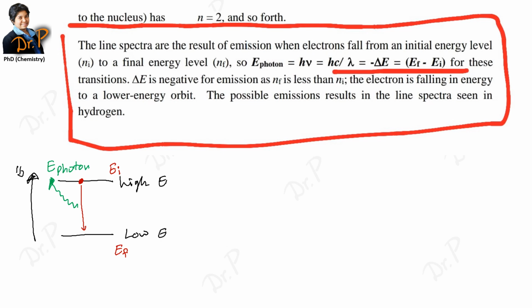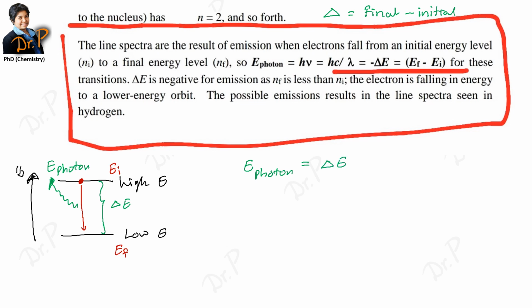In any calculation, if we are to calculate the change, or the delta, you always do final minus initial. If you really think about this, the energy of the photon is actually this energy difference between the initial and the final energy level. So this is our delta E.